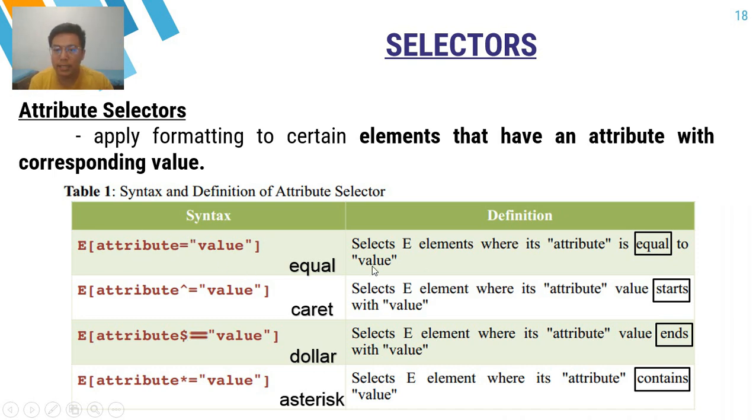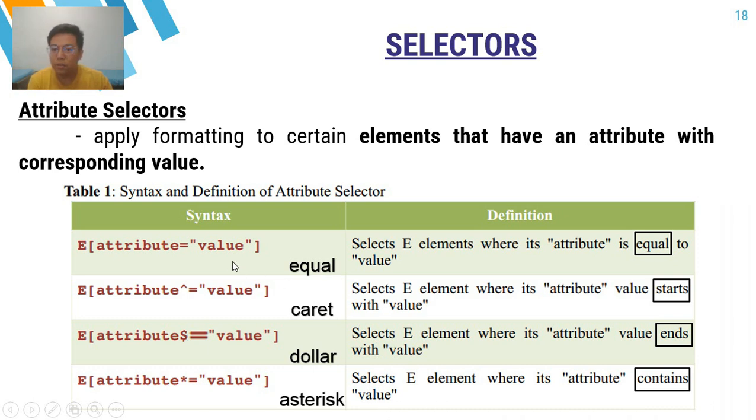For this particular example, it selects an element where its attribute is equal to that particular value. Next is the caret selector, which selects an element where its attribute value starts with that particular value. For the dollar selector, its attribute value ends with the value. And for the asterisk selector, the element's attribute contains a particular value.